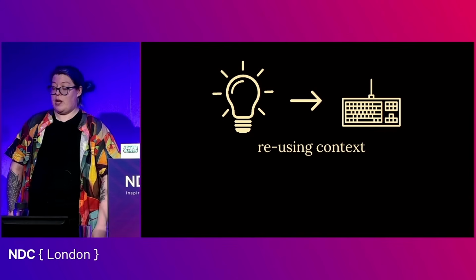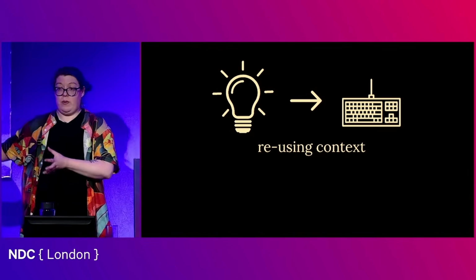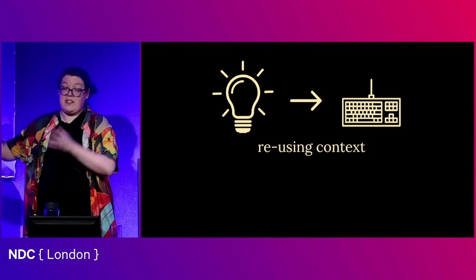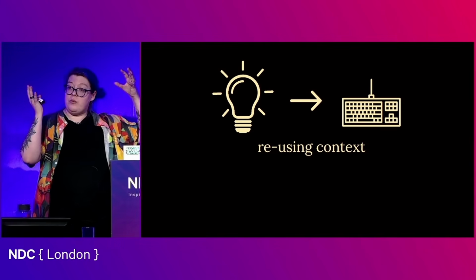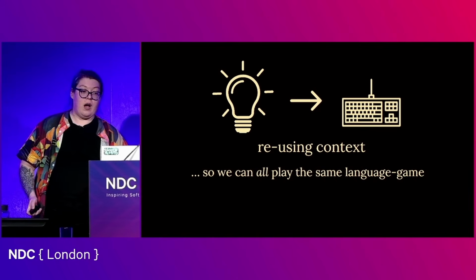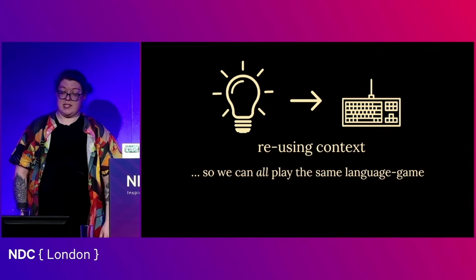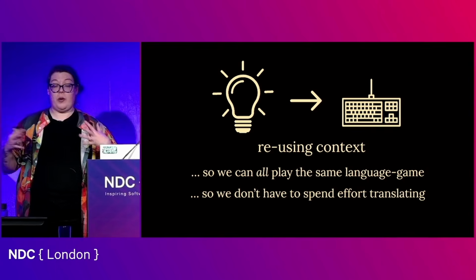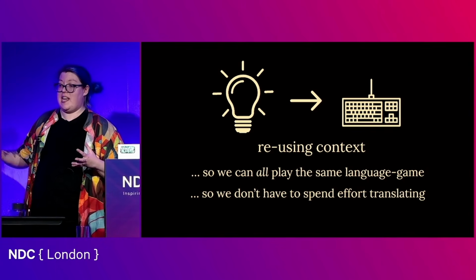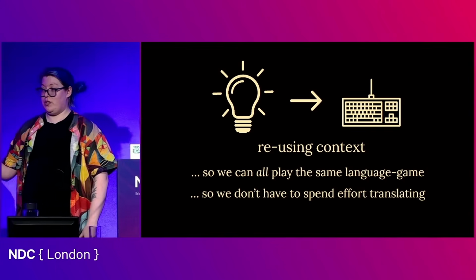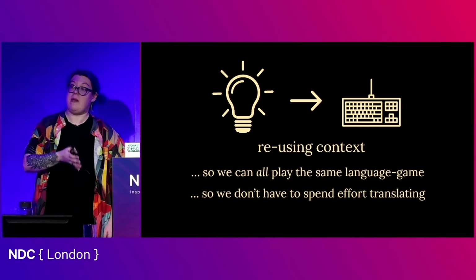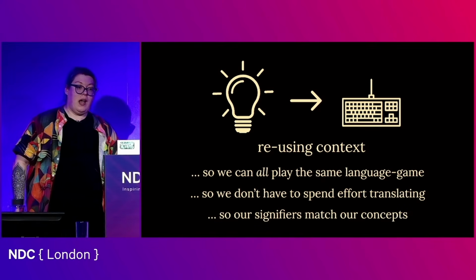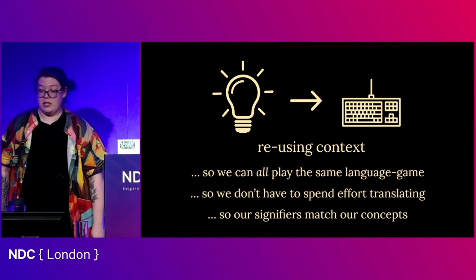We want to understand what it is that our stakeholders mean when they say something, and just lift that context wholesale and make that be what we do with a computer as well. We want to all play the same language game, mean the same thing when we say user. We don't want to have to spend effort in translating what it is that our stakeholders want into what we have to do to the computer in order to make them happy. And having our signifiers match our concepts.